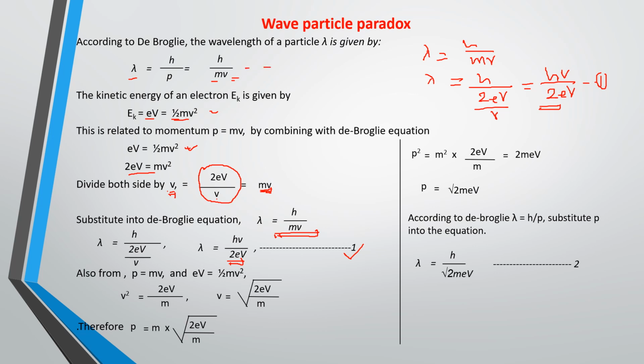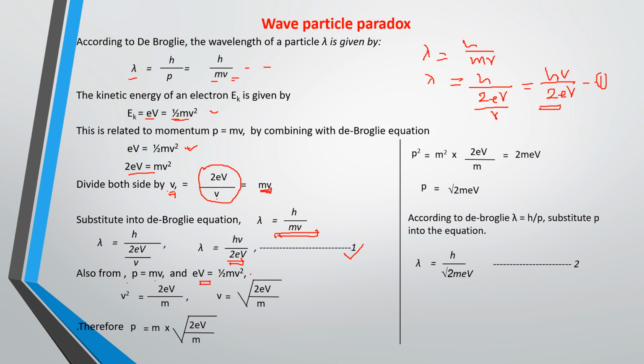Also, if you go back to the de Broglie equation, we have that momentum is equal to mv, and that the energy of an electron is equal to half mv squared. We can make v the subject of the formula.